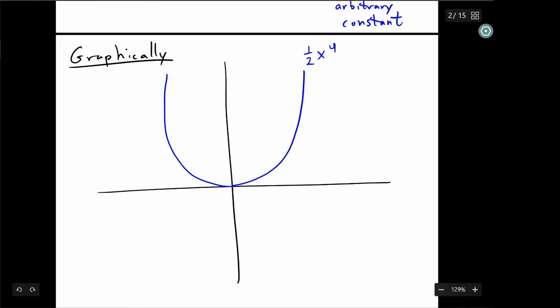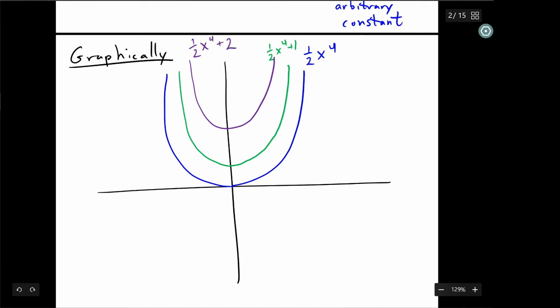So what does that constant do? Well, if we start adding values to it, like this is going to be 1/2 x to the fourth, let's say plus 1. And then we could say, well, instead of adding 1, why not add 2? This is getting a little messy here. And this is 1/2 x to the fourth plus 2.